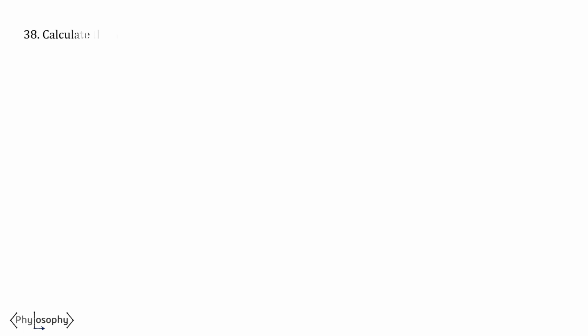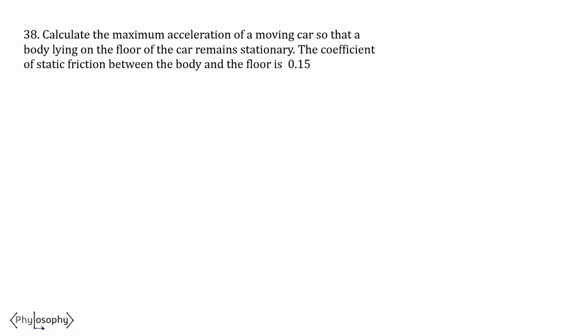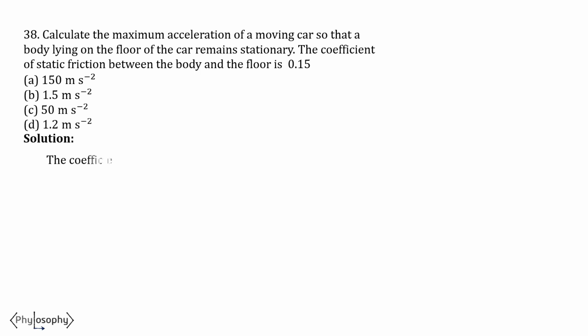Our next problem is, calculate the maximum acceleration of a moving car so that a body lying on the floor of the car remains stationary. The coefficient of static friction between the body and the floor is 0.15, and these are the four given options. So according to the question, it is given that the coefficient of friction mu s is equal to 0.15.